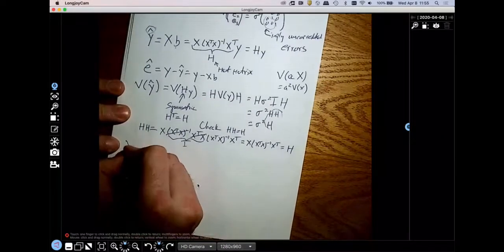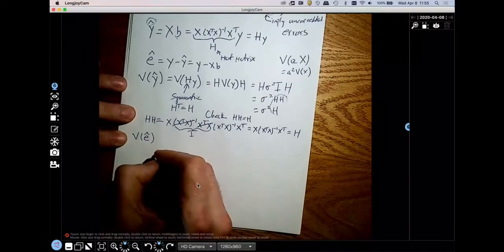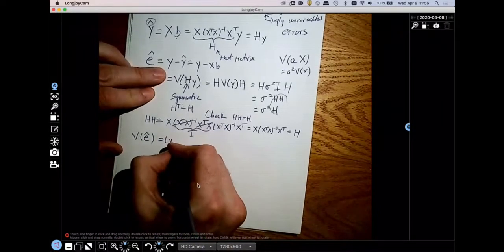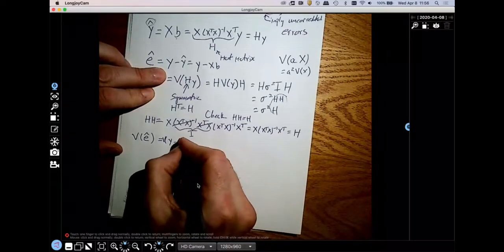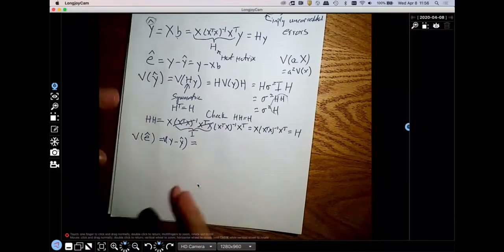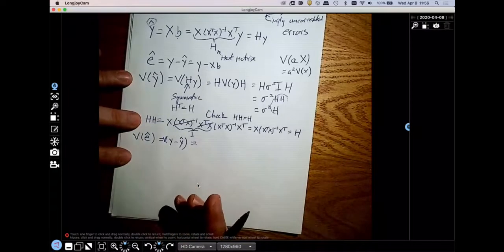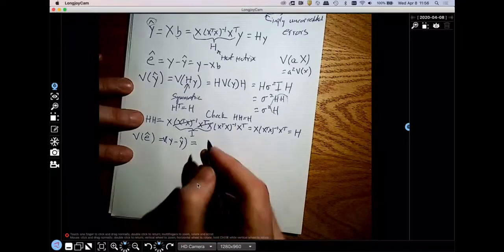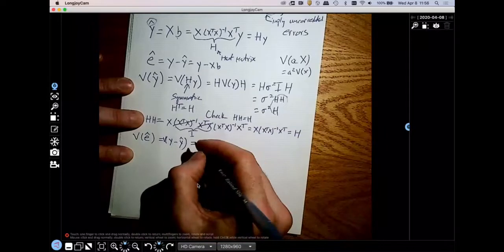Well, what is the variance of my residuals? So the variance of my residuals is going to be the variance of y minus, we forgot the variance sign, y minus y hat. So there's a detail that these have to be independent of one another, and I'm not going to establish that. It's because this is perpendicular to this, but that's a property from least squares. I can distribute this because they're independent of one another.